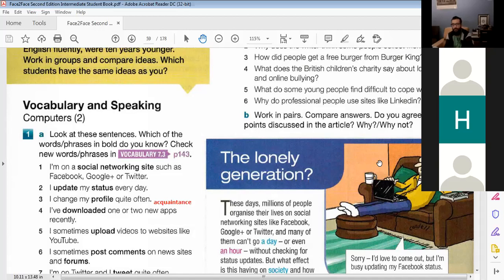I know one guy who lives with his mother and father and brother, and the difference between him and his brother is that one of them only sits in front of the computer and doesn't go out at all.